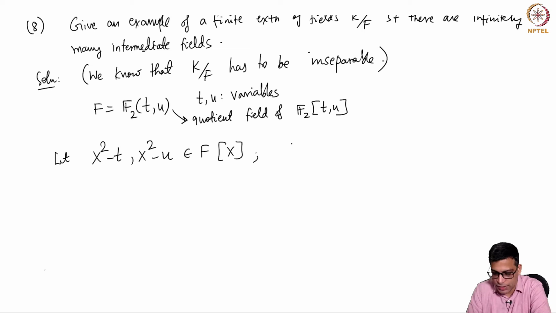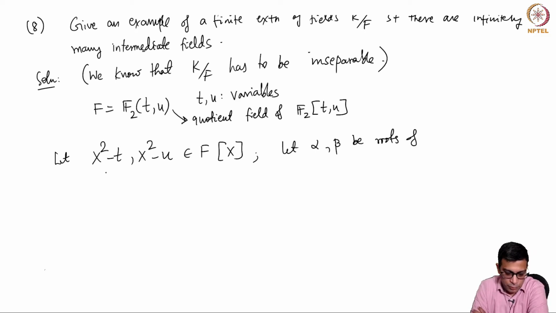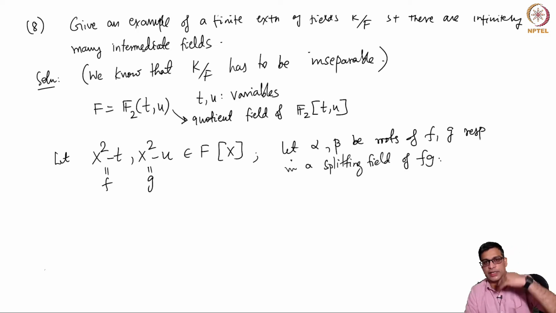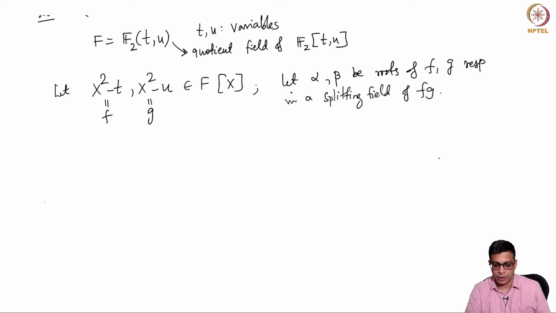What we do is we let alpha, beta be roots of f and g respectively in a splitting field of fg. So I can always construct a big field where they both split. Alpha is the root of x squared minus t, beta is the root of x squared minus u.